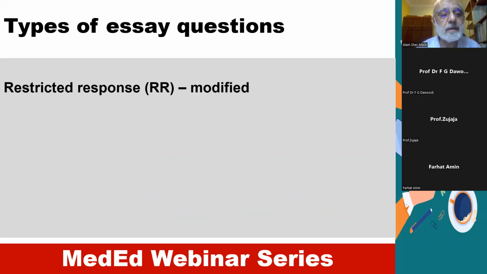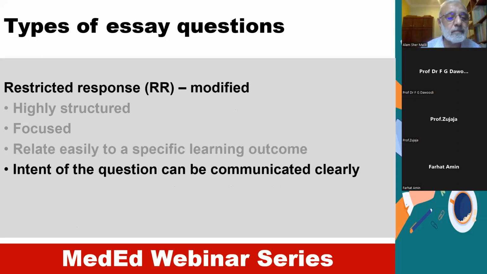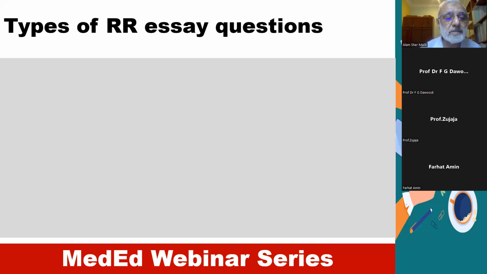On the other hand, restricted response or modified questions are highly structured. They are focused and relate easily to a specific learning outcome. The intent of the question can be communicated clearly and can be marked easily.